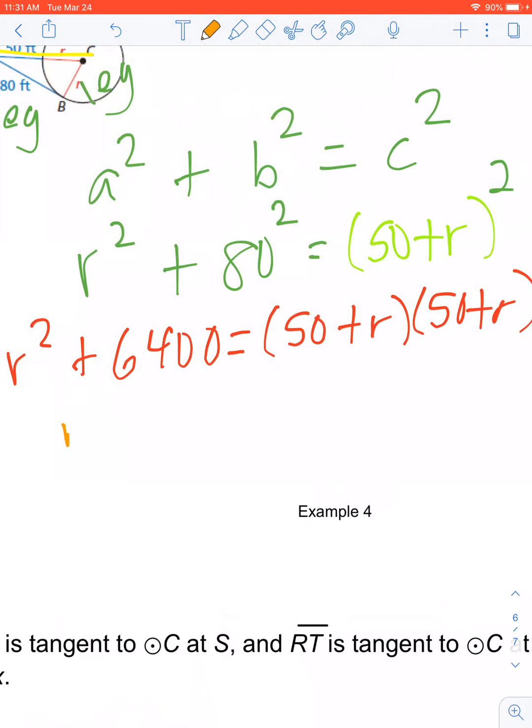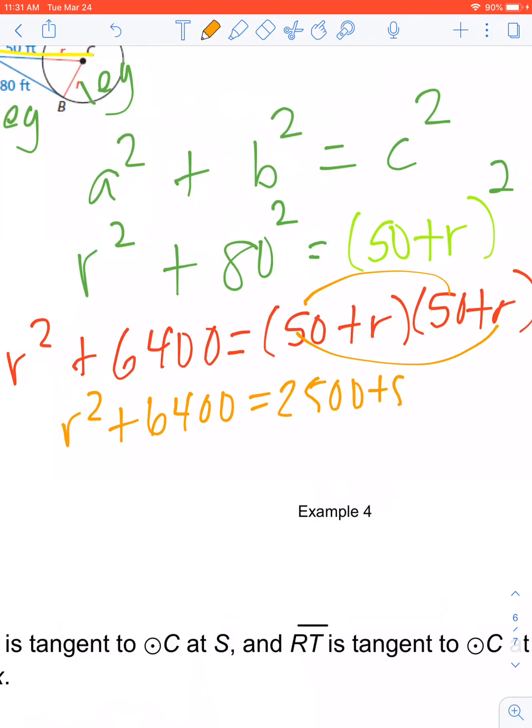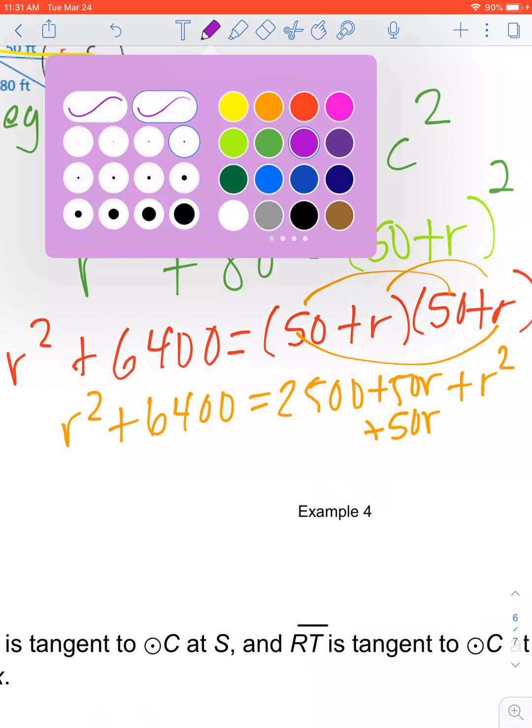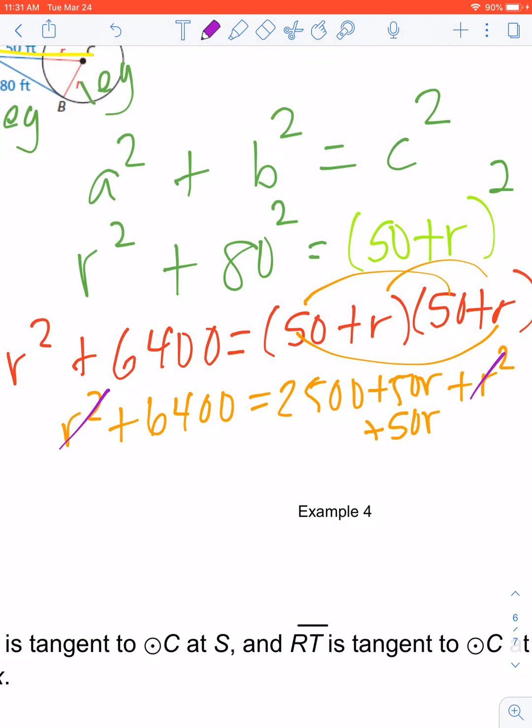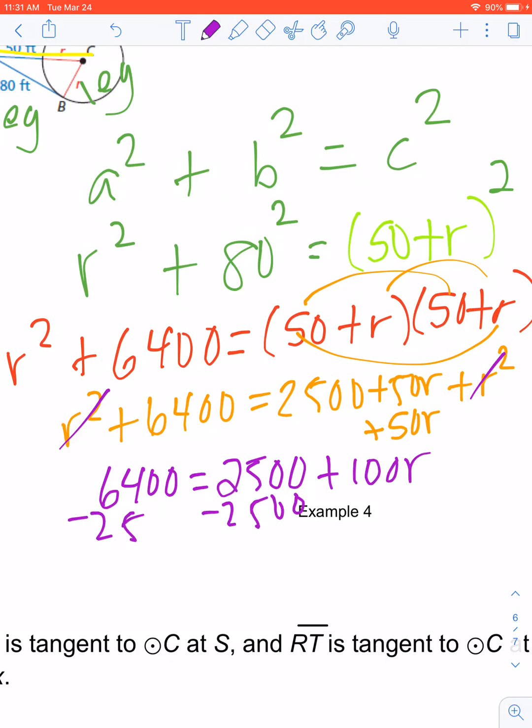So I have R squared plus 6,400 equals 50 times 50 is 2,500, 50R, another 50R, and then plus R squared. Don't we have an R squared on both sides? So those cancel out. I am left with 6,400 equals 2,500 plus 100R. I'm going to subtract 2,500 from both sides.